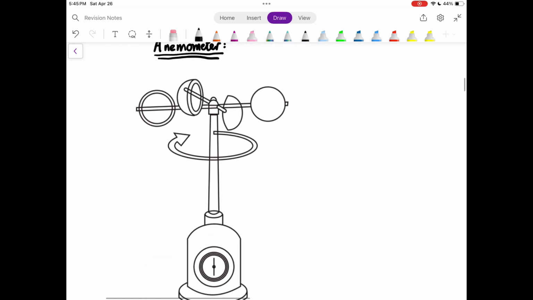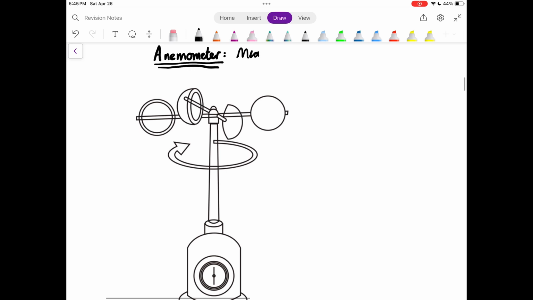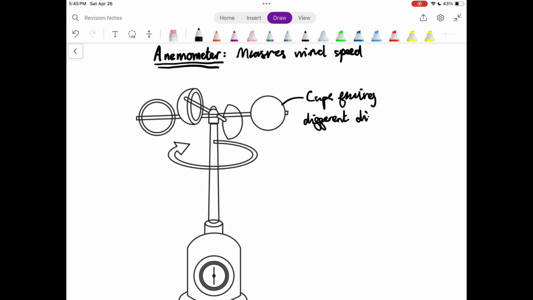Next, we're going to be looking at the anemometer, which measures wind speed. What you need to know about anemometers is that they're cups facing different directions. When wind blows, it causes the cups to rotate, so it'll go this way around as shown by the arrow. And it can either rotate clockwise or anti-clockwise depending on the wind direction.